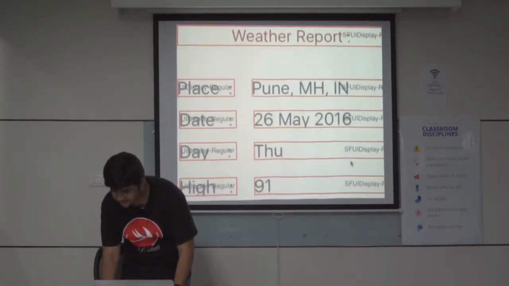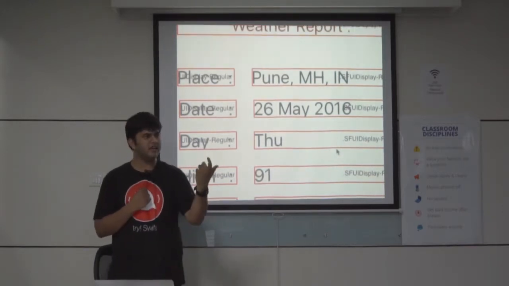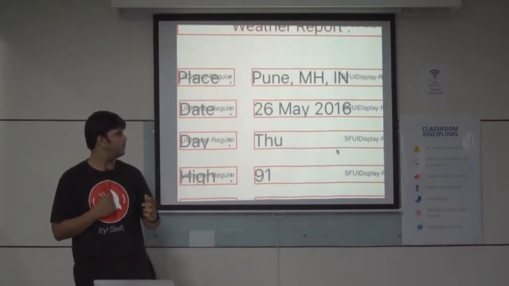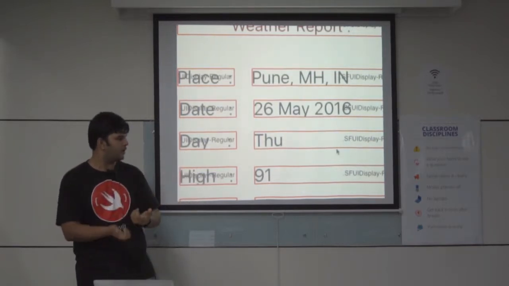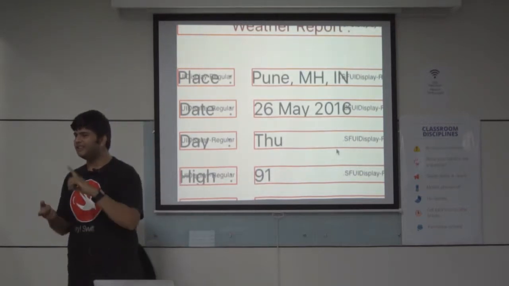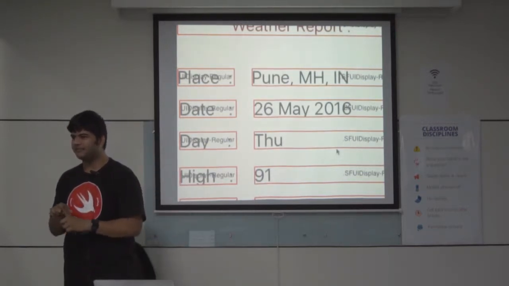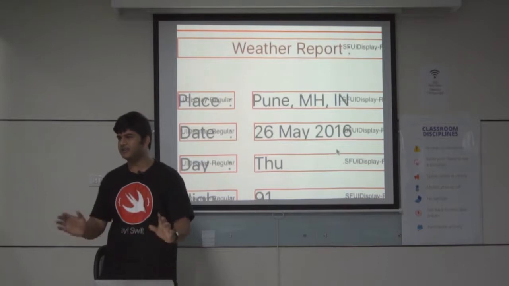And it's printing SF font, UI display font. This is the name of the font. And so this is the font that we are getting displayed. So it's very easy for me to figure out if a particular label doesn't have the font it should be assigned. We'll easily get to understand the problem, and then we can easily fix it.